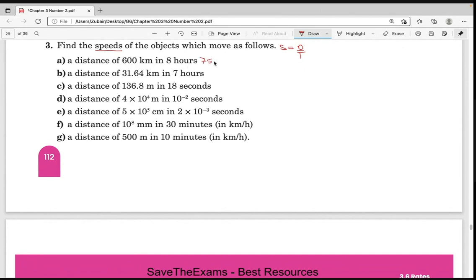And that is kilometers per hour. We can write it like this. And we can also write it like this, 75 kilometers per hour to the power minus 1. The second one is sometimes confusing. So we will normally ignore that.